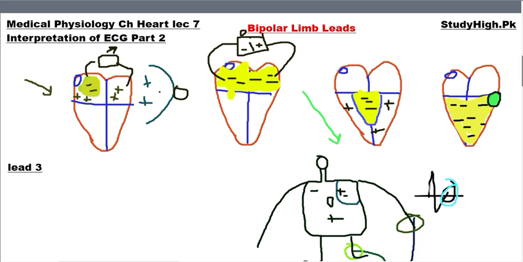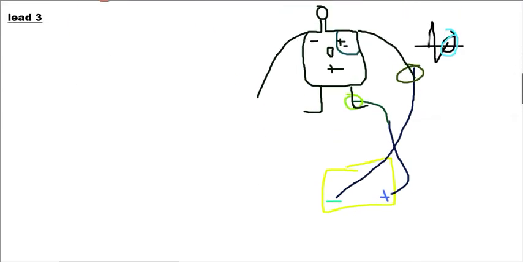So in lead 3, the negative terminal is indirectly connected to the fluid around this region, whereas the positive terminal is connected with this fluid that is around the apex through the left leg. In short, we have connected the positive terminal of lead 3 here, whereas the negative terminal is connected with the fluid region here.